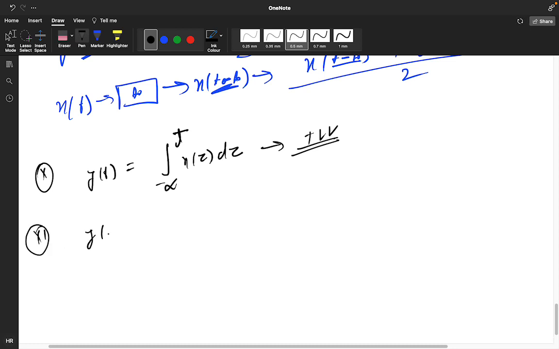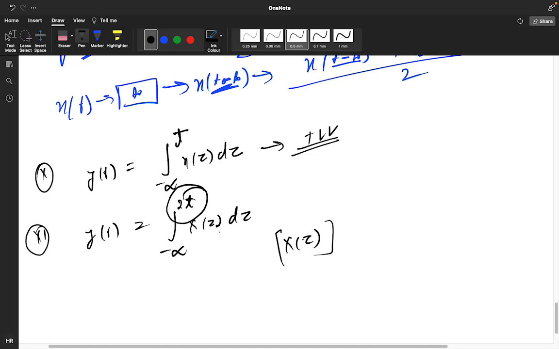If the same thing is given like this, y of t equals integral from minus infinity to 2t of x of tau d tau, then scaling is coming. Even if you integrate, suppose you get x of t only, when you put the limit, this will become 2t. So scaling is coming, that's why it's time variant.